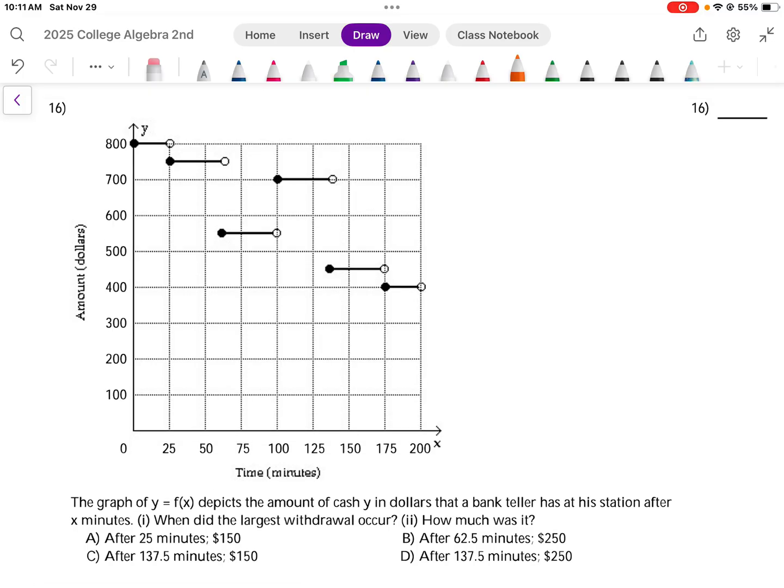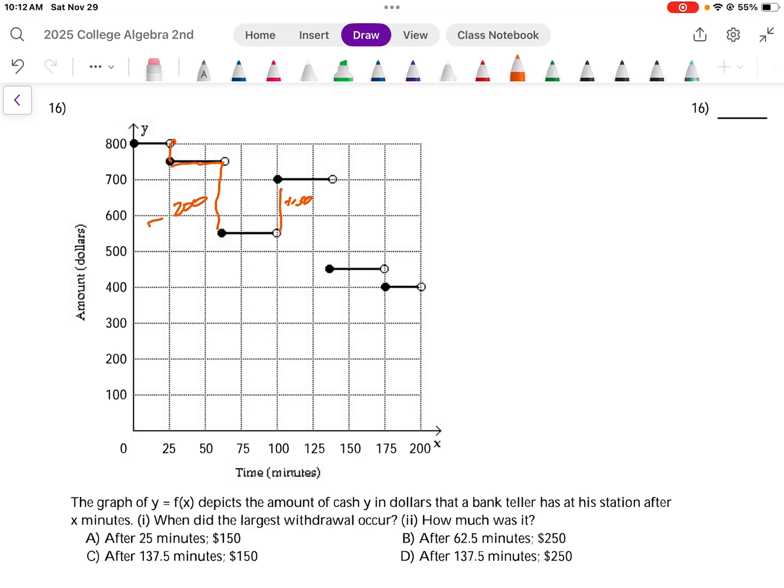So they started with 800, then there was a withdrawal, and then they came over here, then there was a withdrawal up from there, so that looks like about a $200 withdrawal. Then there was a deposit of about 150.